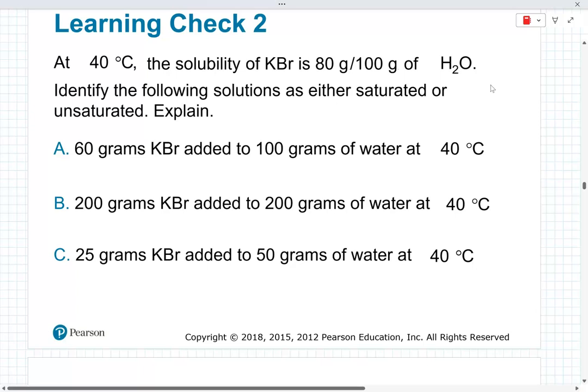So this is a very interesting conversation we're going to have. This is the solubility of potassium bromide. My suggestion, when you study these things, you can easily get bogged down with the mathematics part of chemistry. But chemistry is not about math, it's about chemistry.